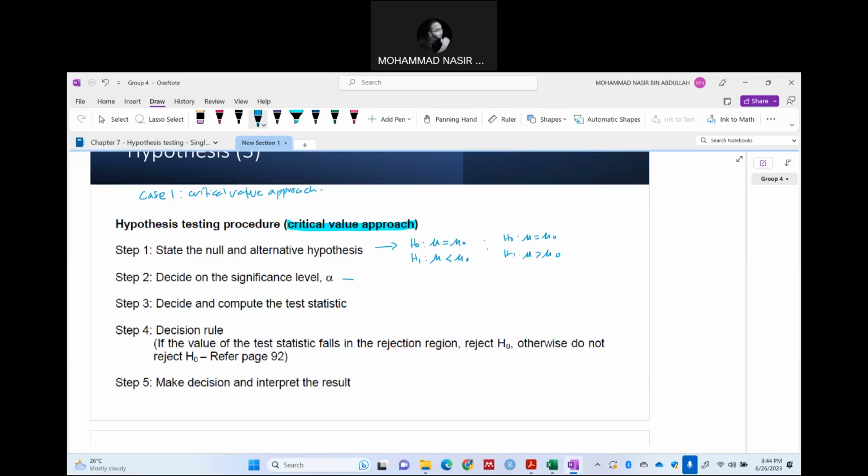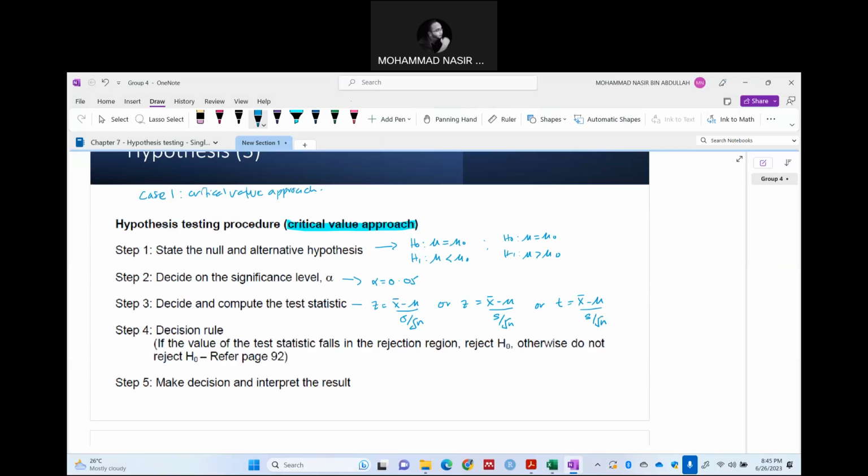Then decide the significance level, which is alpha equal to 0.05. We then compute the test statistic, whether z equals x bar minus mu divided by sigma over square root of n, or z equals x bar minus mu over s over square root of n, or t equals x bar minus mu over s over square root of n. And then we calculate the critical value and make a decision rule.